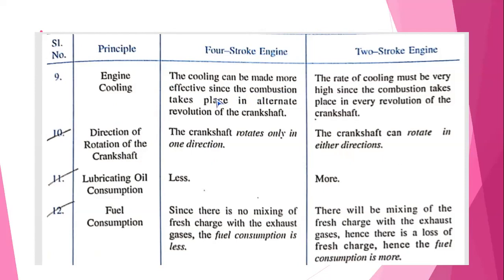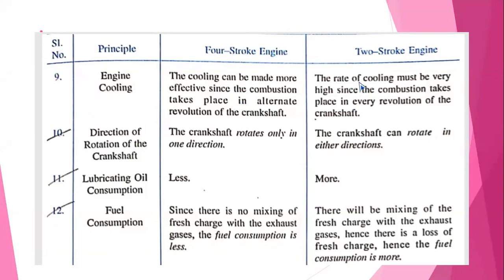Remember once again, the cooling system in the four-stroke engine works by circulating the coolant throughout the engine, carrying the heat, which is transferred to the coolant. Then the hot coolant passes through the radiator. In the radiator, the temperature of the coolant is reduced. Again, the cooled coolant is circulated in the engine.